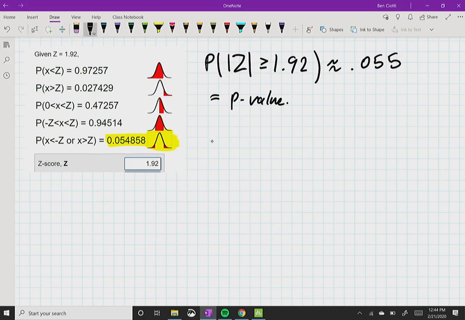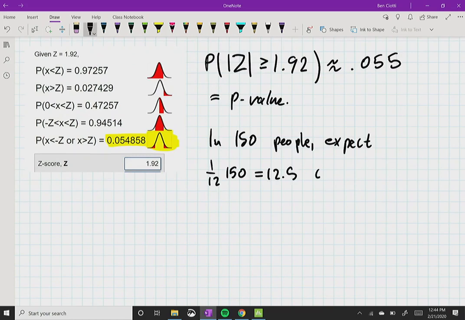So the mean, the expected number in 150 people, we would expect 1/12 of 150, which is 12.5 October babies. 19 is 6.5 extra babies.